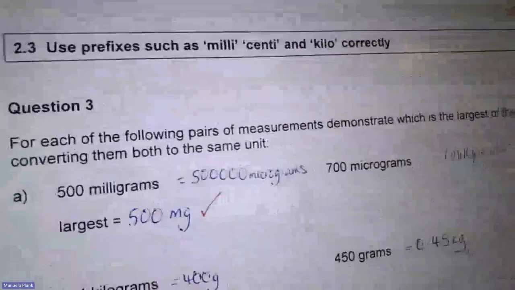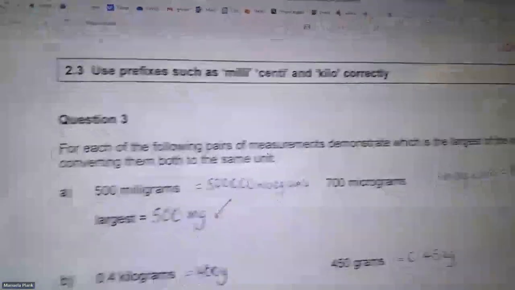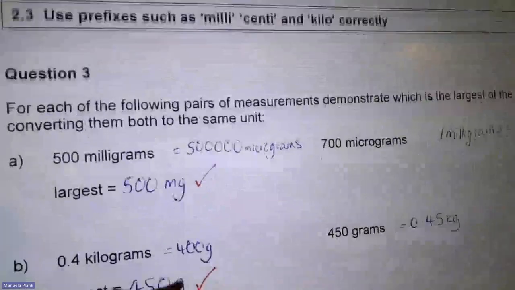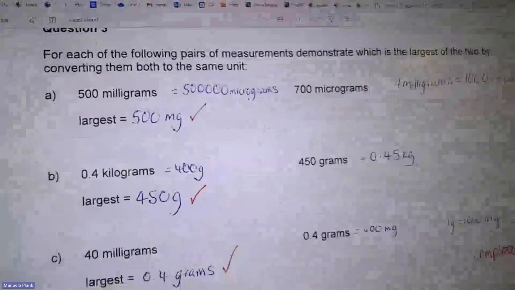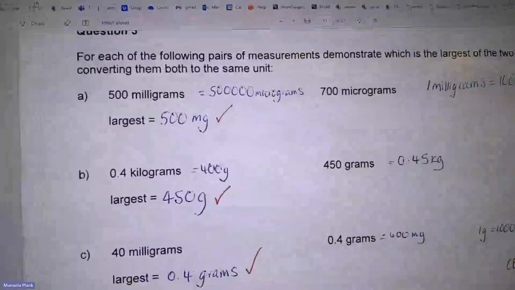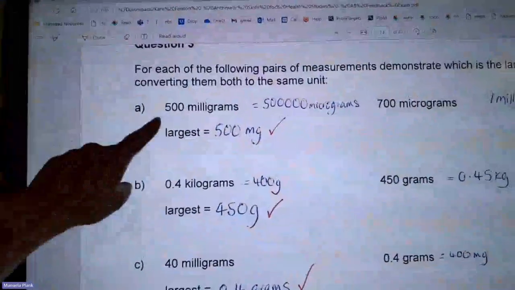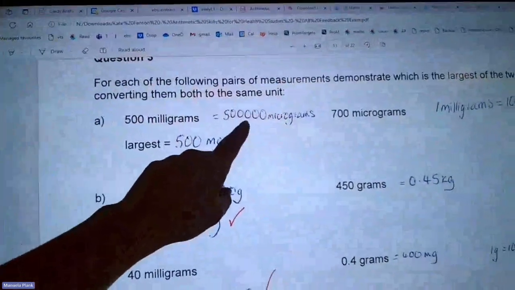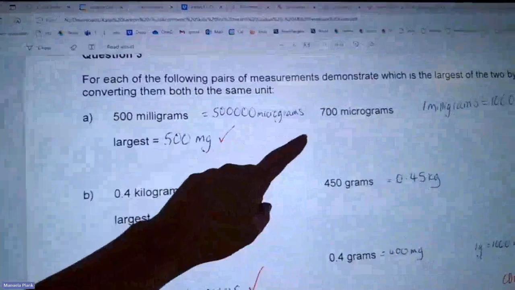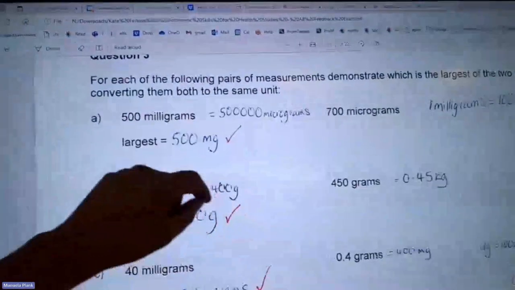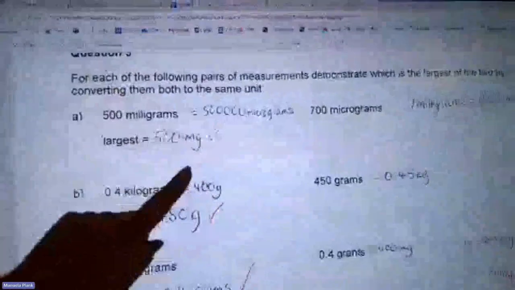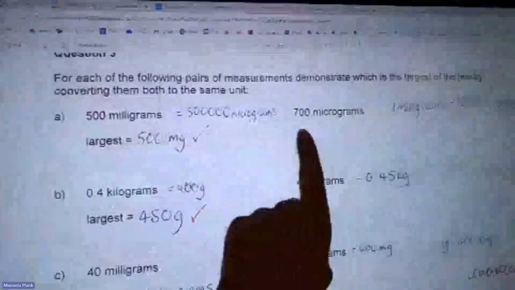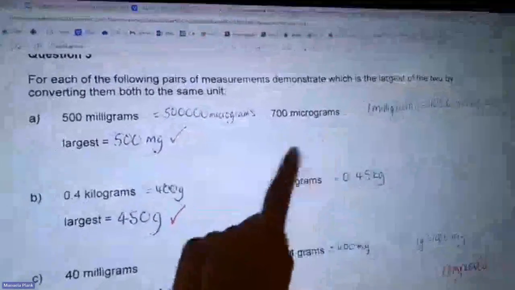About the milli and centi and kilograms. You would have to know the conversion of those units. So 500 milligrams are the same as, and then you can see 500,000 micrograms. You need to add 3 zeros in order to know how many micrograms these are.